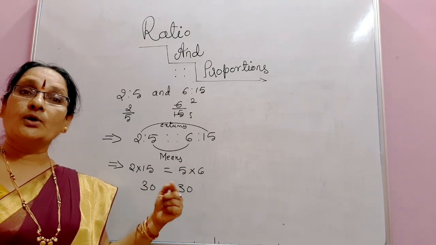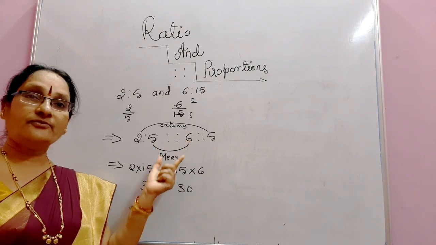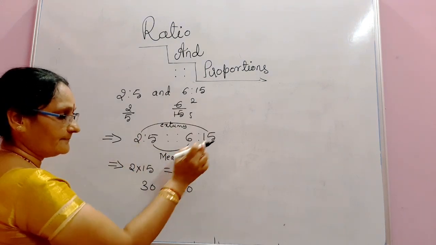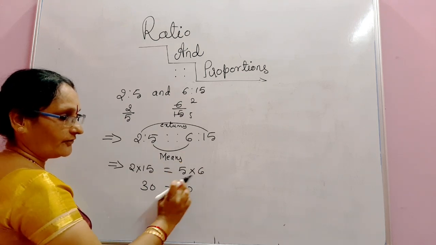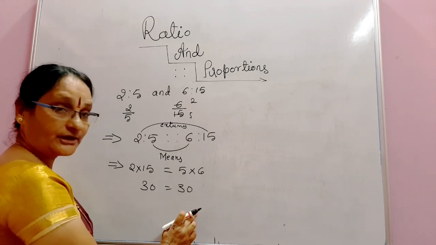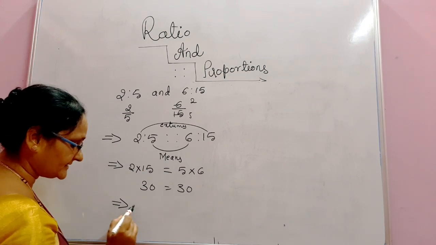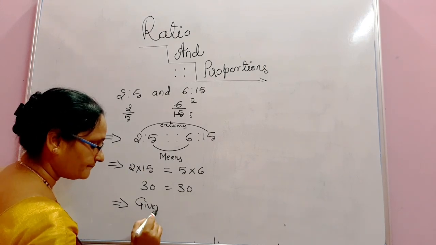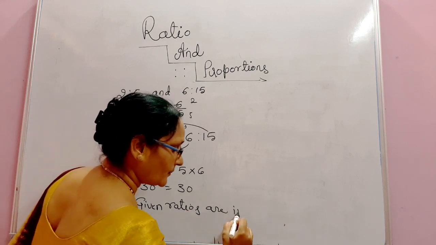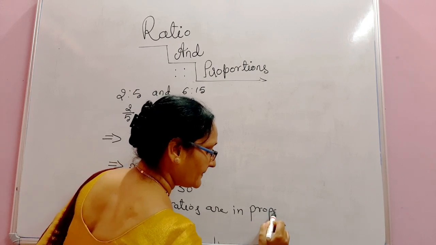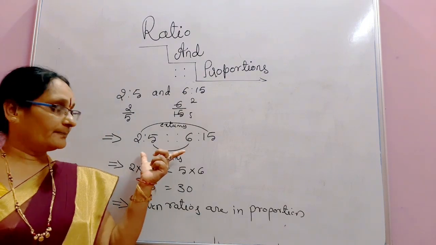Then according to the rule of proportion, the product of extremes is equal to the product of means. 2 into 15 is equal to 5 into 6. Both are equal. That means the given ratios are in proportion.